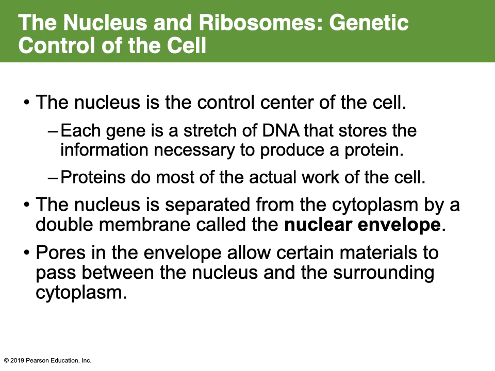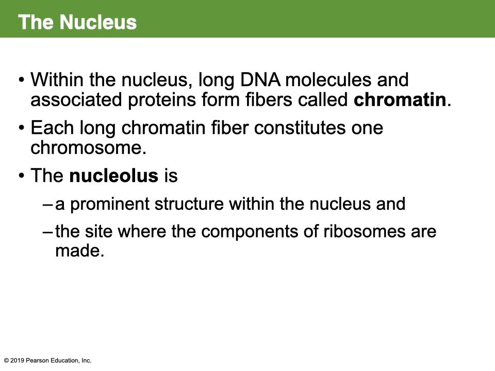Now, in eukaryotes, the nucleus is separated from the cytoplasm by that double membrane called the nuclear envelope. There are pores in the envelope, so that allows certain materials to pass between the nucleus and the surrounding cytoplasm. Within the nucleus, long DNA molecules and associated proteins form fibers called chromatin, and you saw this in the video a little bit back.